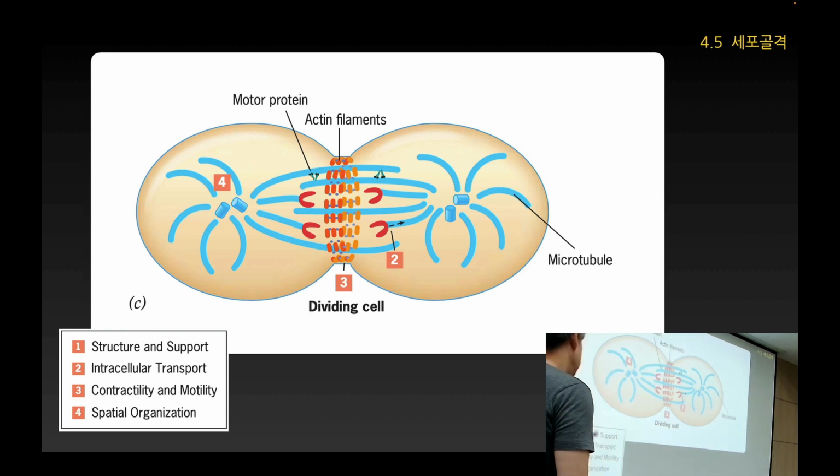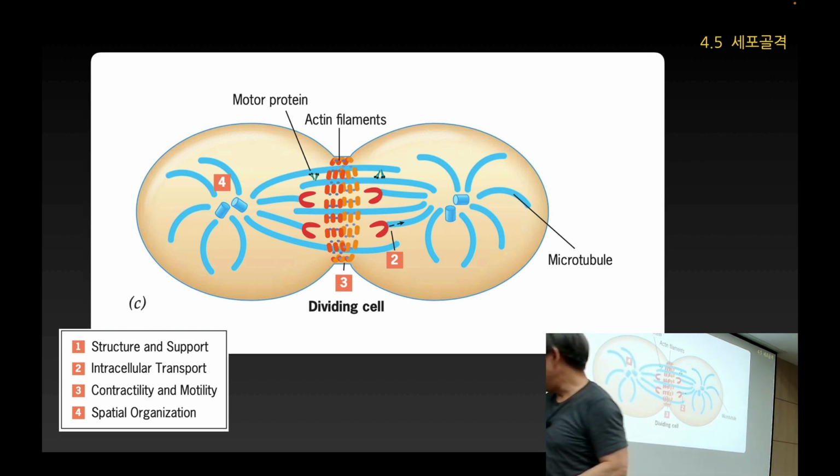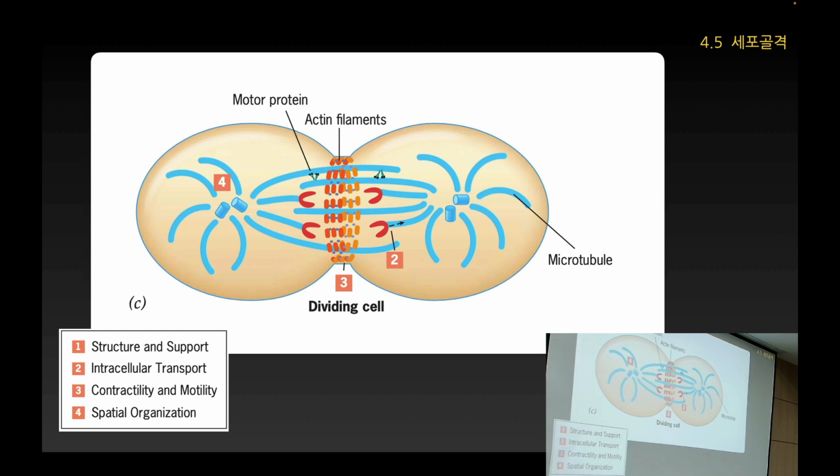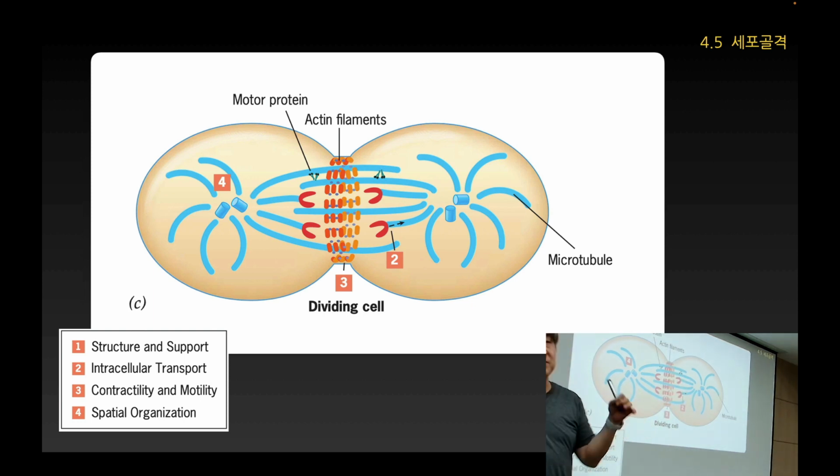And this is when these two cells are about to divide. Obviously, with animal cells, plant cells are a little bit different story because a plant cell has an additional rigid protective layer outside of the cell membrane.